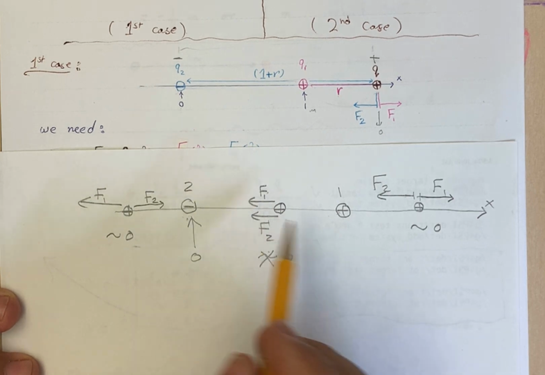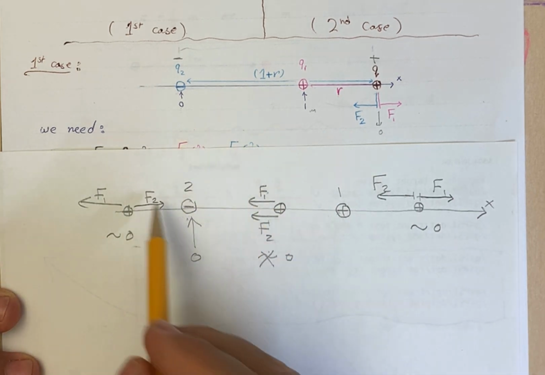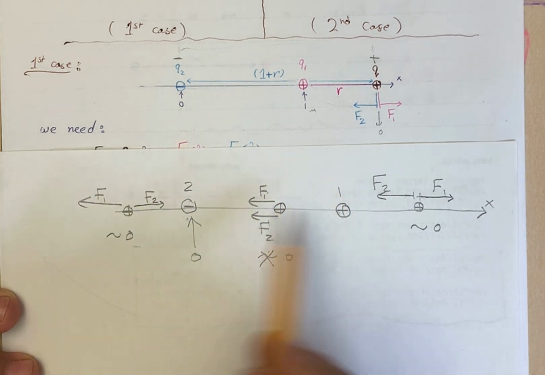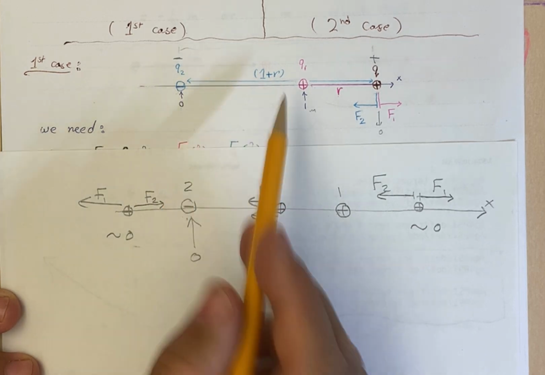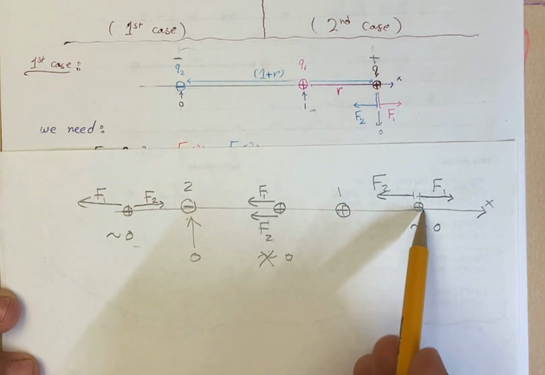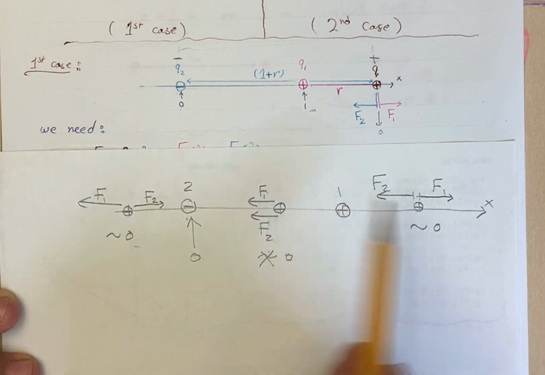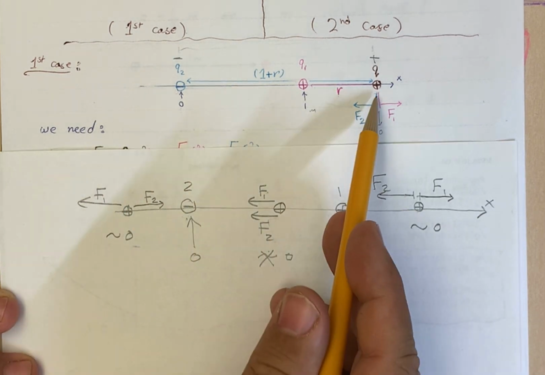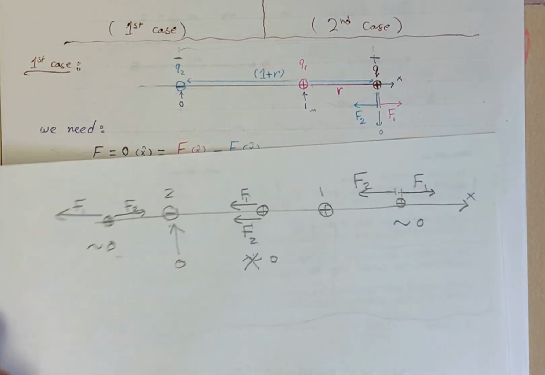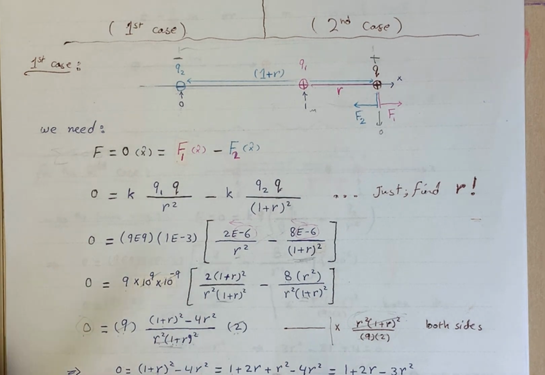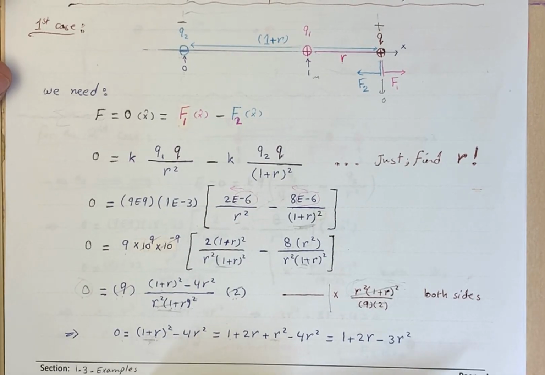So we need to consider our position outside of the distribution Q1 and Q2. You can assume it to the right, or you can assume it to the left. I assume it to the right, and it's the same. The numbers will tell us the right position.